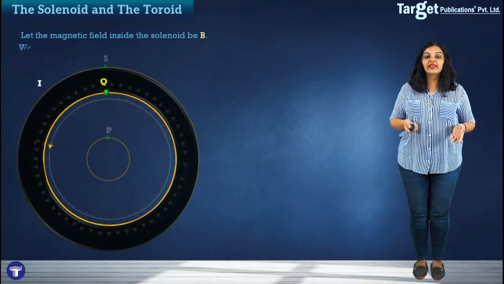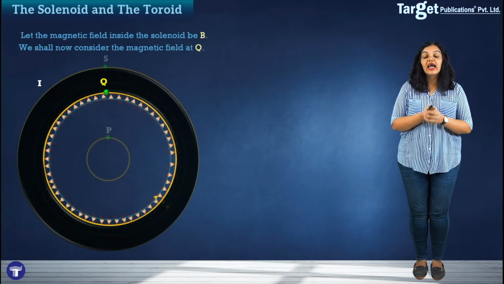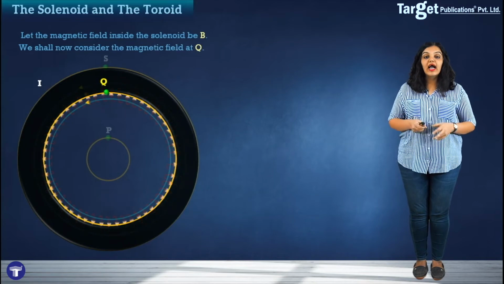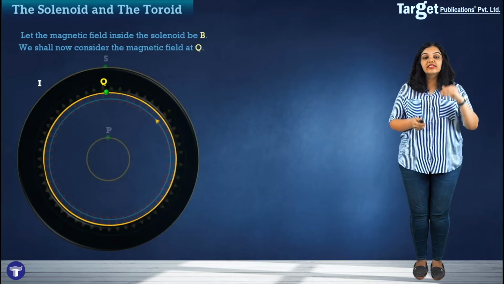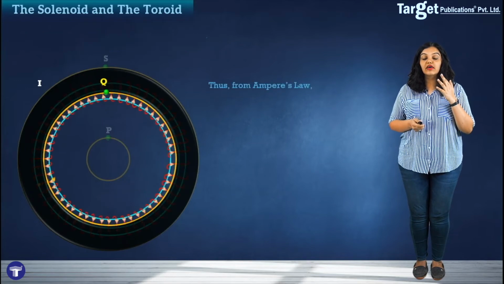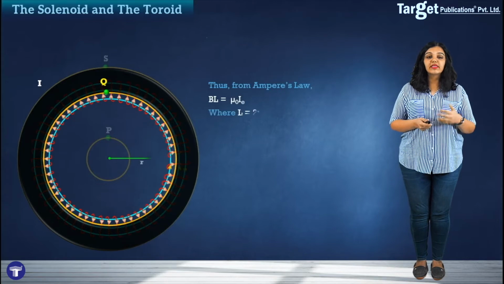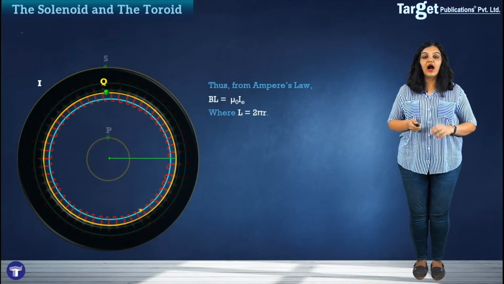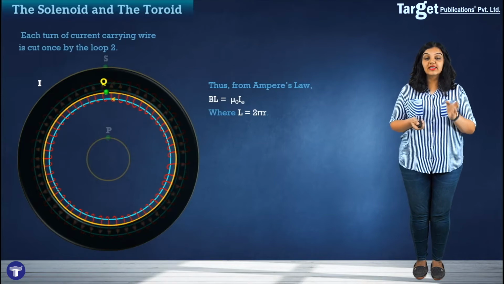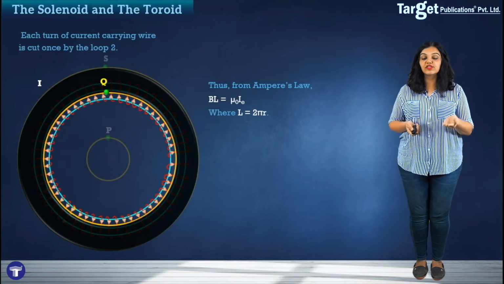Finally then, we will find the magnetic field inside the solenoid at the Amperian loop 2, and here let's say that the magnetic field magnitude is B. Now let's consider the effective length. The effective length again will be the circumference of this loop. Let's say R is the radius, so the effective length will be 2 pi R. And now the bigger question is, what is the current being cut by the surface of this loop?